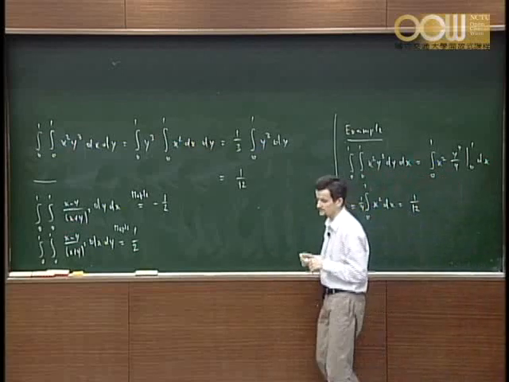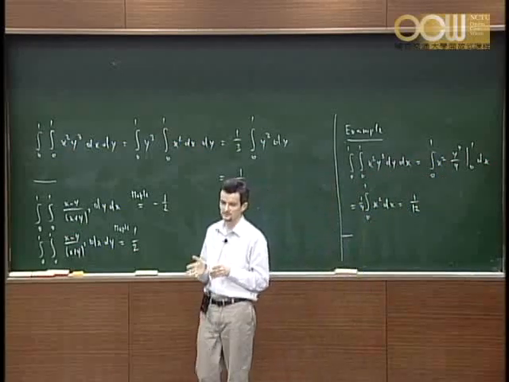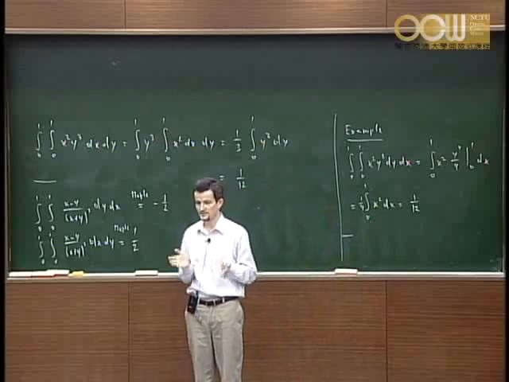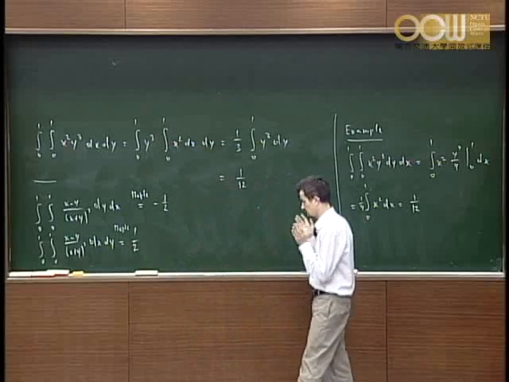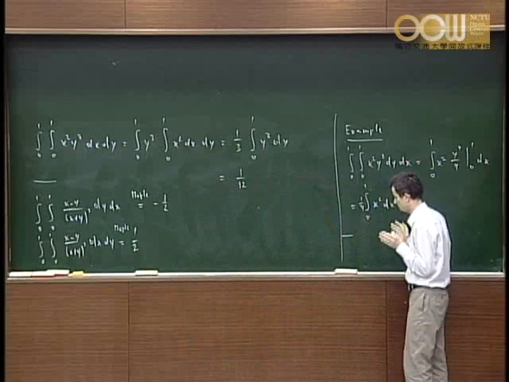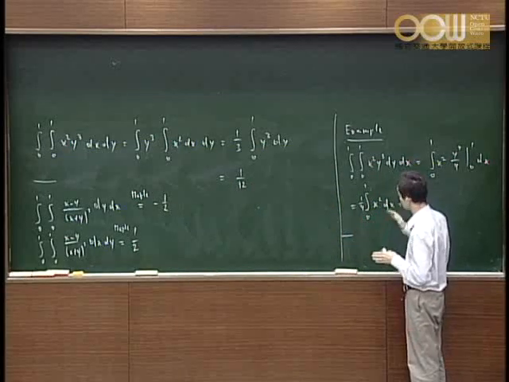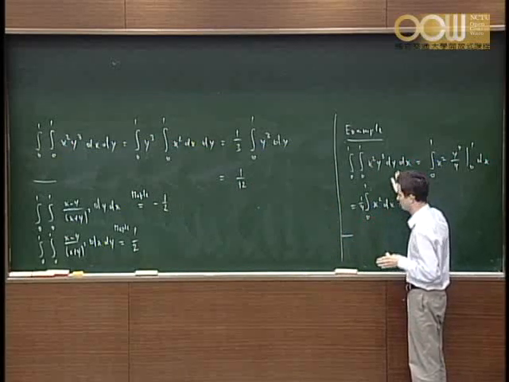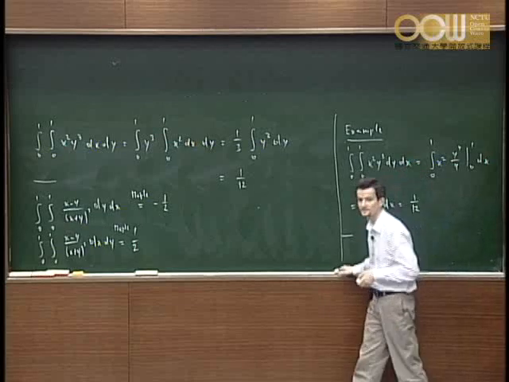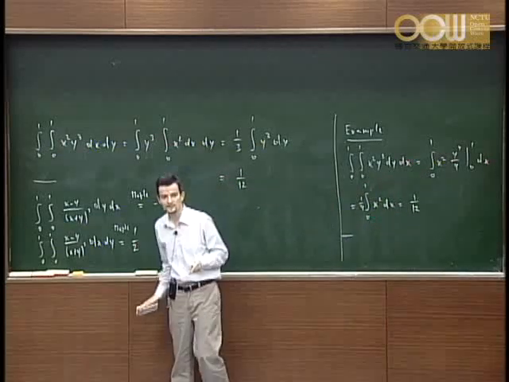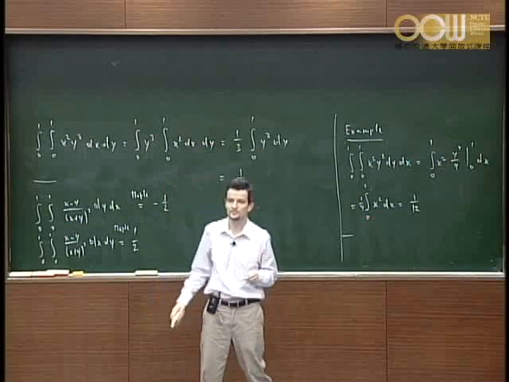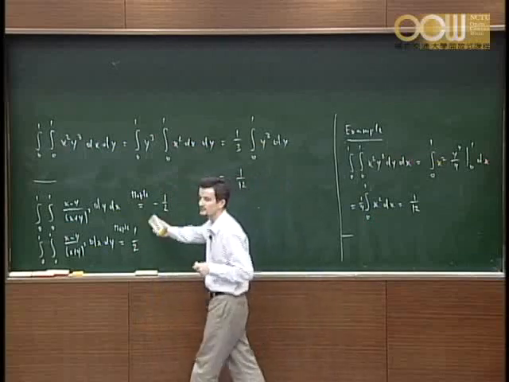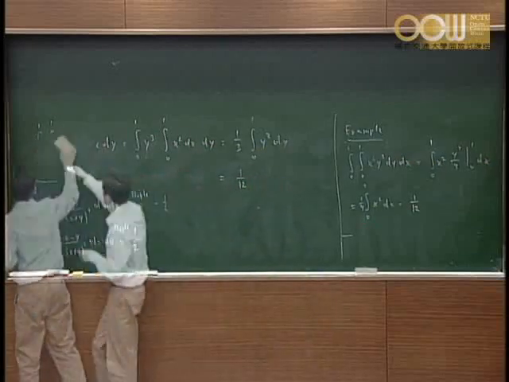So for continuous functions, double integrals can be computed very easily, because you just have to write down the corresponding iterated integral and solve it, and that's it. The situation is getting more complicated if the function is not continuous anymore, as we see here. So this is Fubini's theorem.